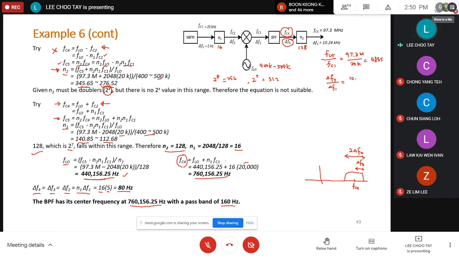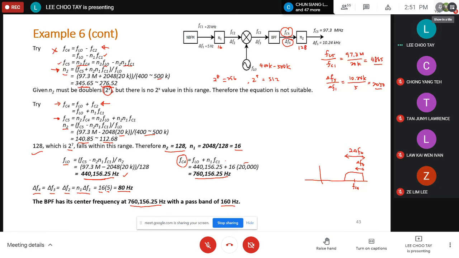So this is 10.25K divided by 5, which will give you a factor of 2050. So in this example, you can see that the multiplication factor required for the carrier frequency is higher than the multiplication factor required for your frequency deviation.